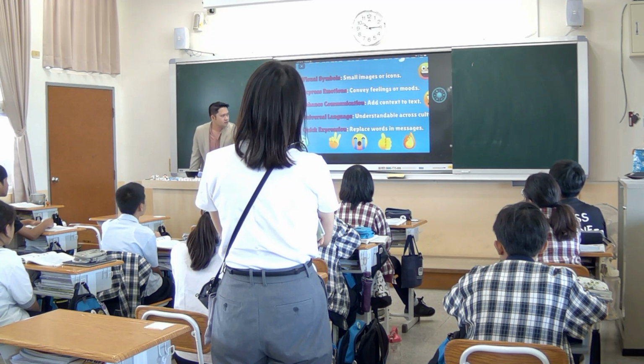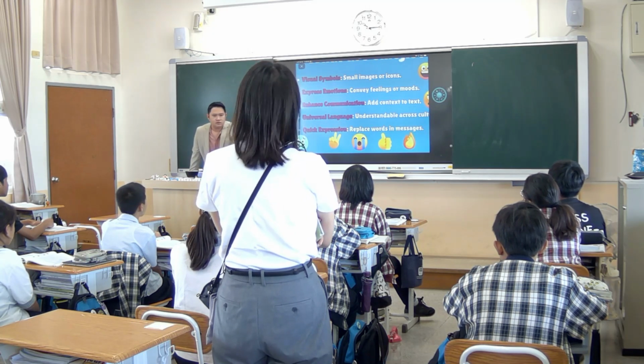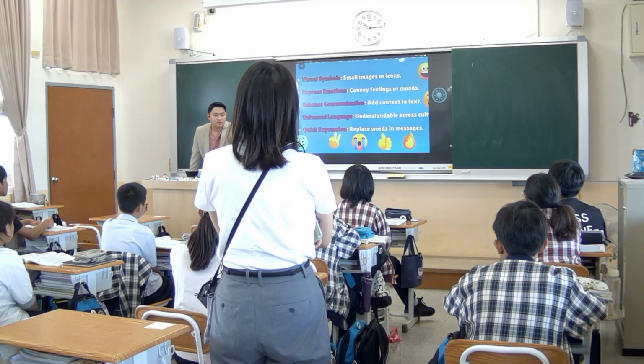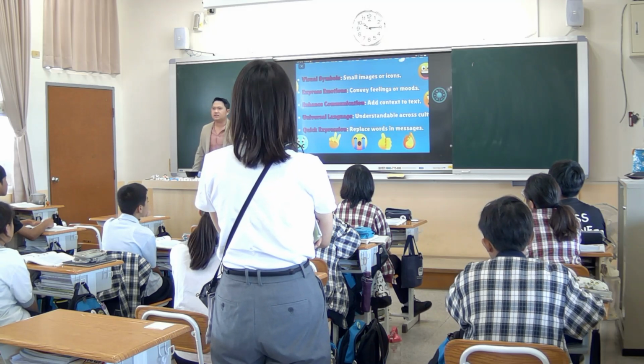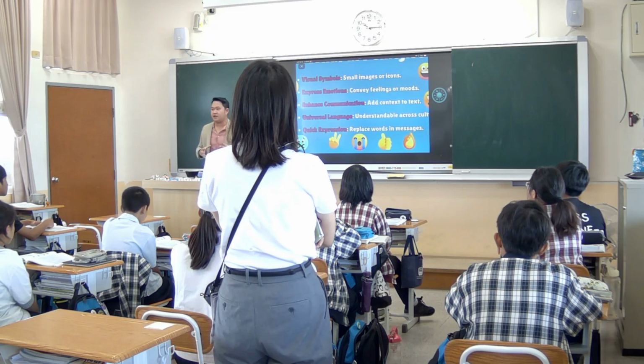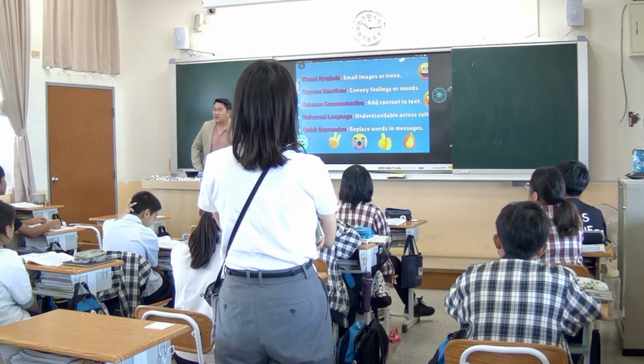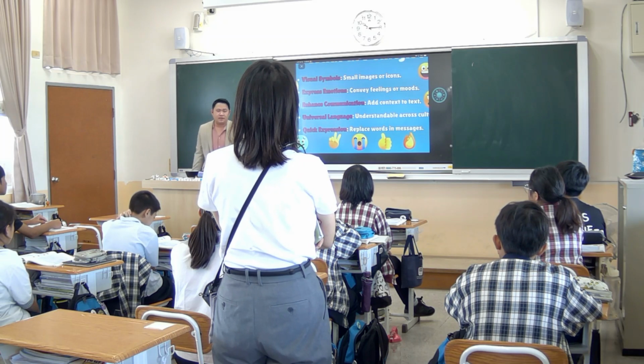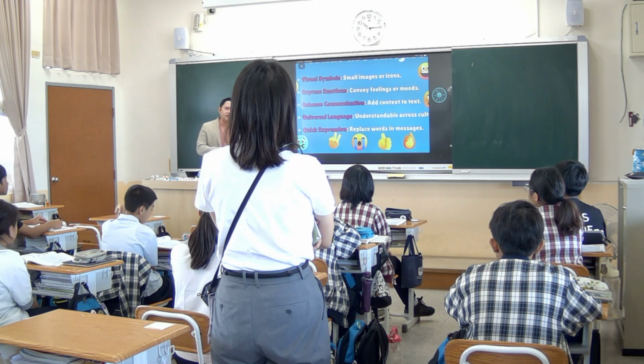Adds context to text. Context means where this happened or what situation I'm in. Based on my experience, when we chat with some people, especially when using a translator, it could cause miscommunication.